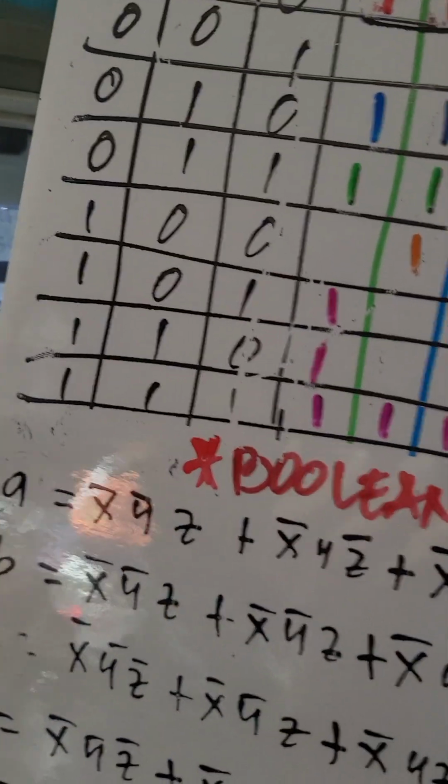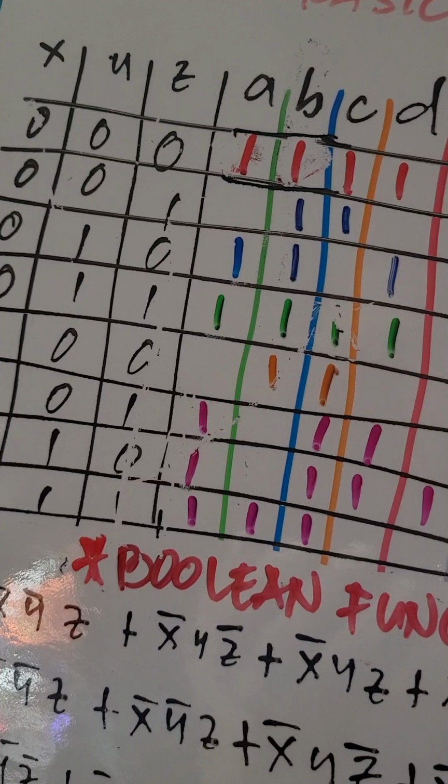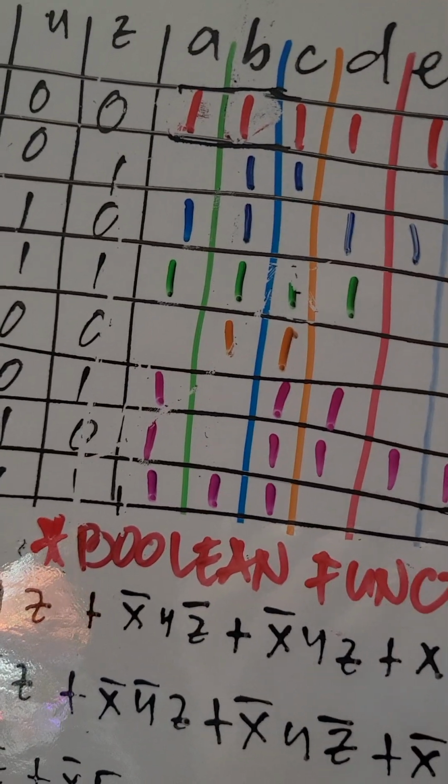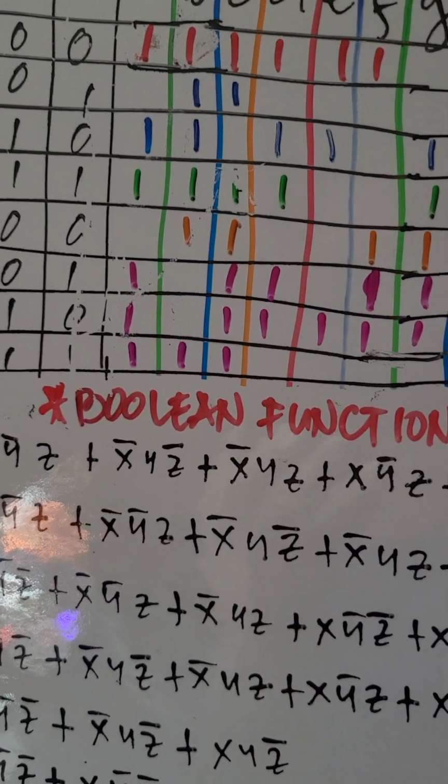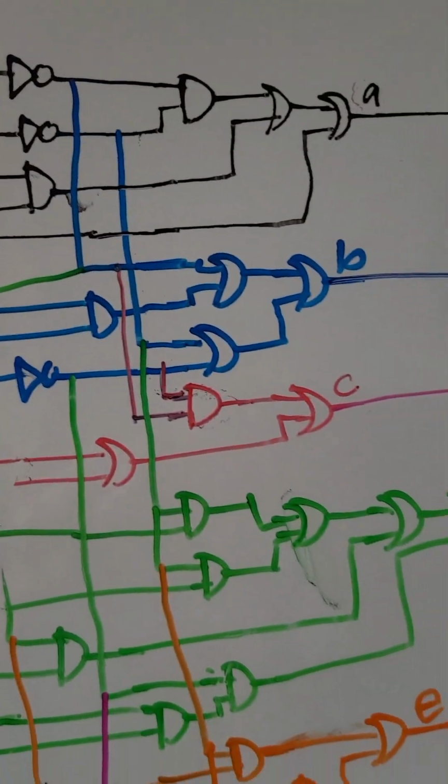Okay, so that's why again we limit it to 3 variables, just to show you guys how to make a circuit out of basic logic gates.